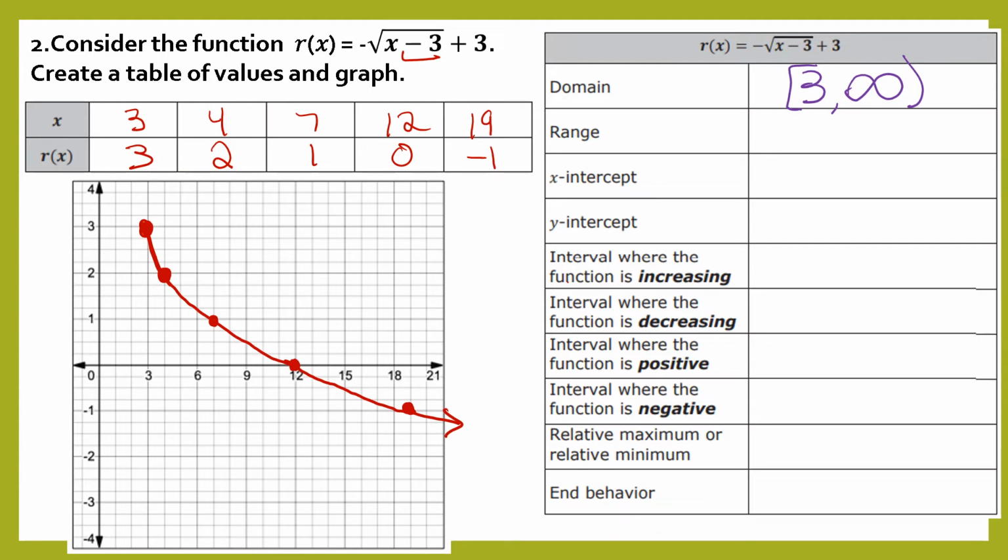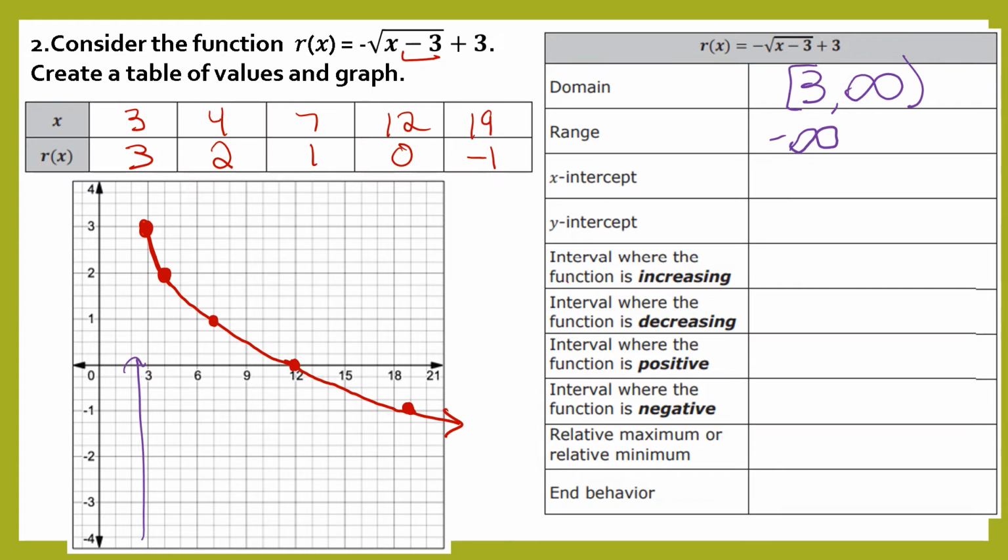All right, for the range, that's my y values. So we want to look from the bottom of the graph to the top of the graph. The y values are coming from where? Negative infinity, right? We have all of these negative y values.